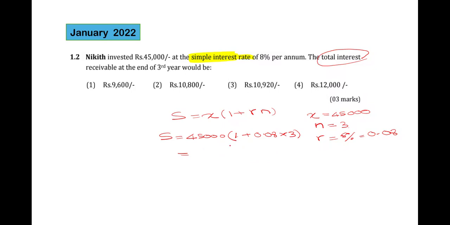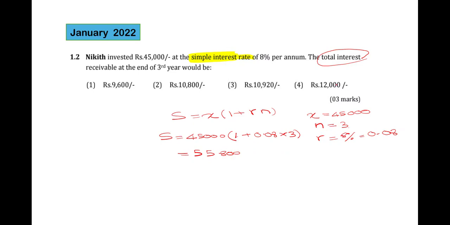You can type 45,000, multiplication sign, open bracket, 1 plus 0.08, again multiplication sign, 3, close the bracket, and equals. Now we get the answer 55,800. Rupees 55,800. This is the total amount.